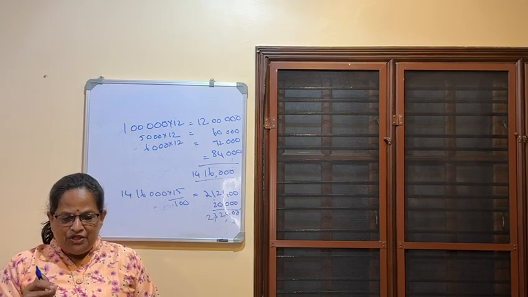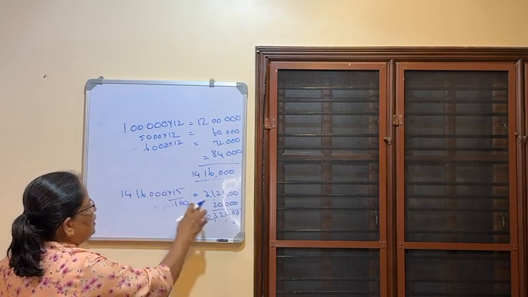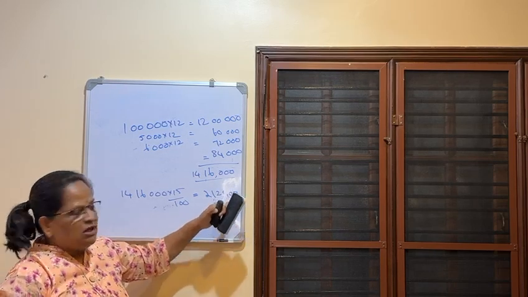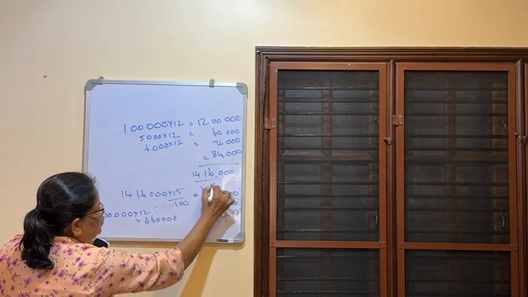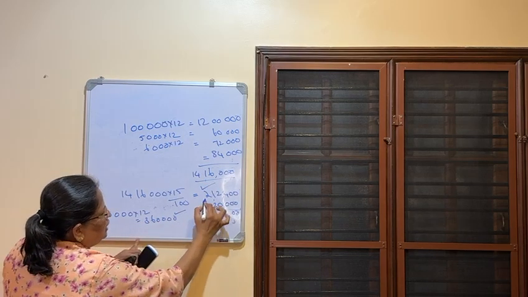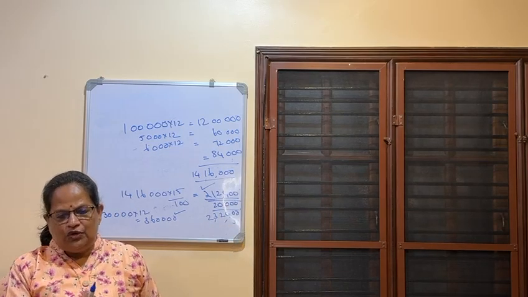But here accommodation is hired by the employer. So 15% of salary we have already calculated, 2,12,400. Rent paid by the employer you have to take 30,000 into 12, that is 3,60,000. So whichever is less, this value or this value. This value is the less value. So RFA is 2,12,400.